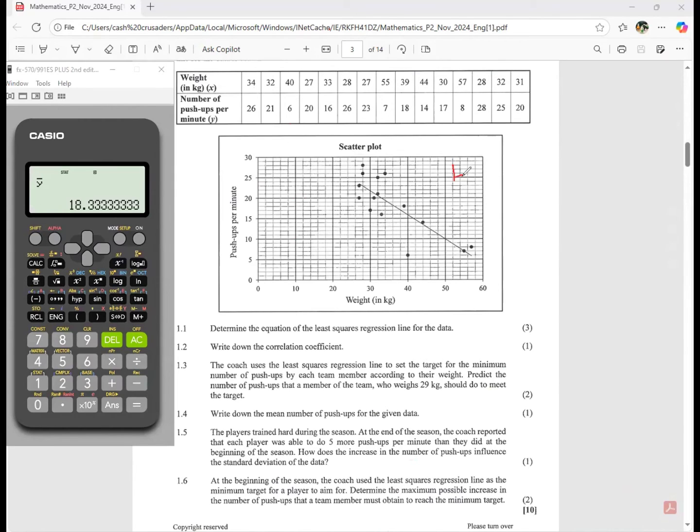So here we are just supposed to say the increase in the number of push-ups will have no influence. So there is no influence, meaning the standard deviation remains the same. So the change that happened here, or the increase that happened, happens with everyone that's involved in there.